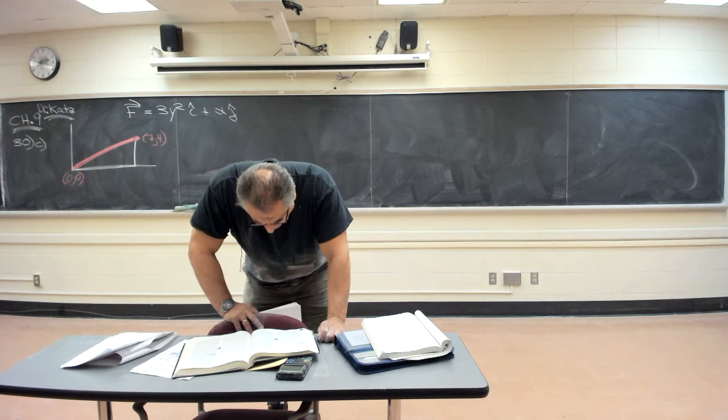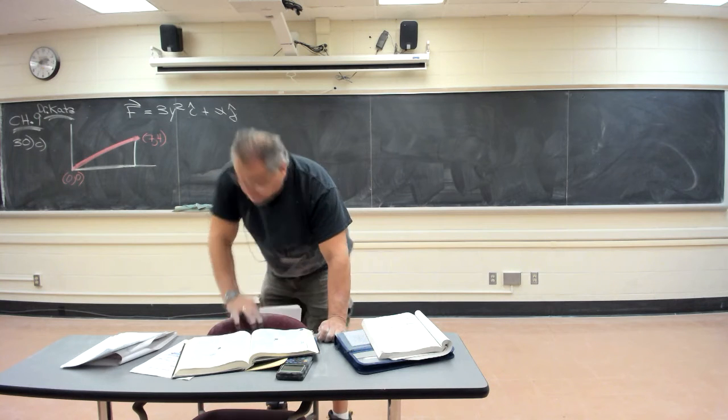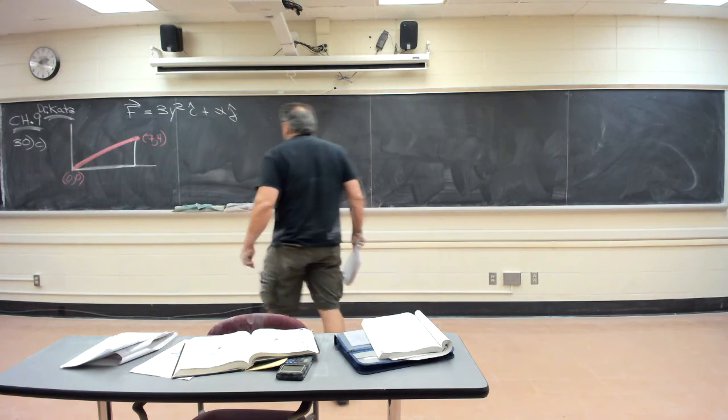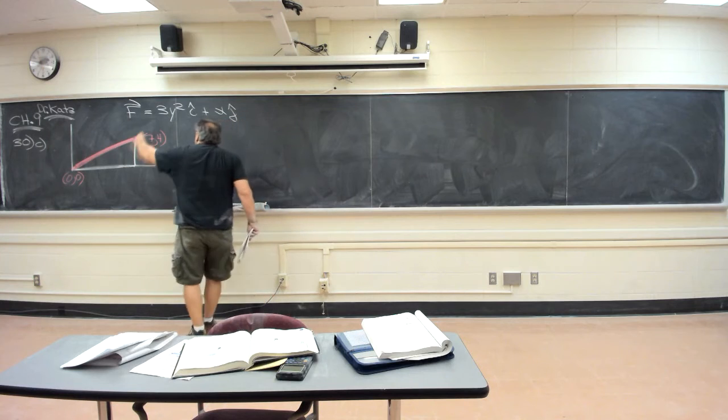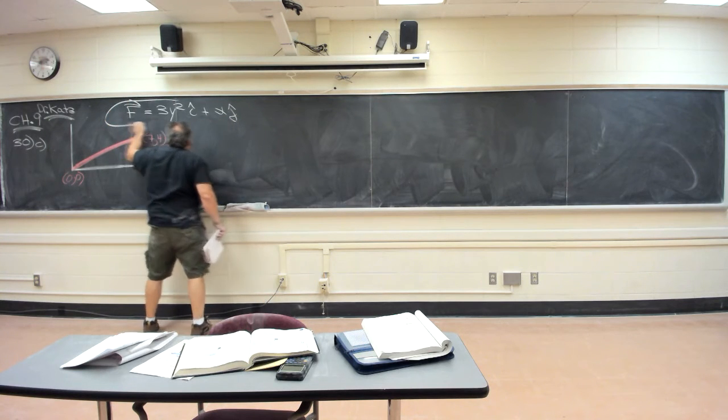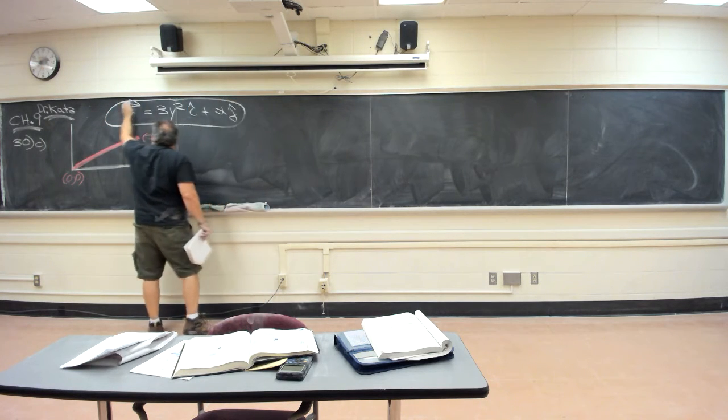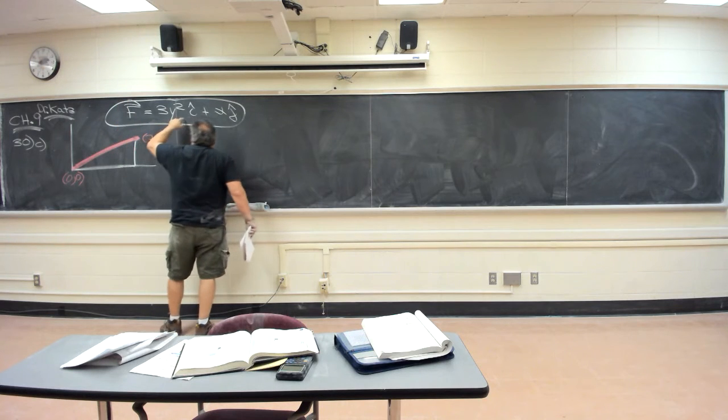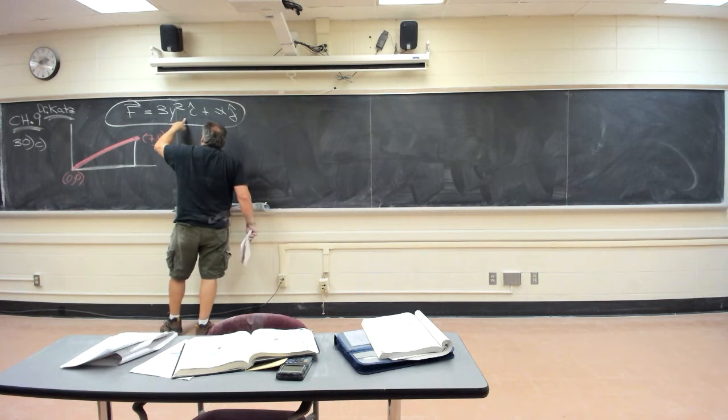So F vector equals 3y squared i hat plus x j hat. Every time you find yourself at a particular location in the xy plane, this is the force at that location: any point x, y in the xy plane has this kind of force working on it.